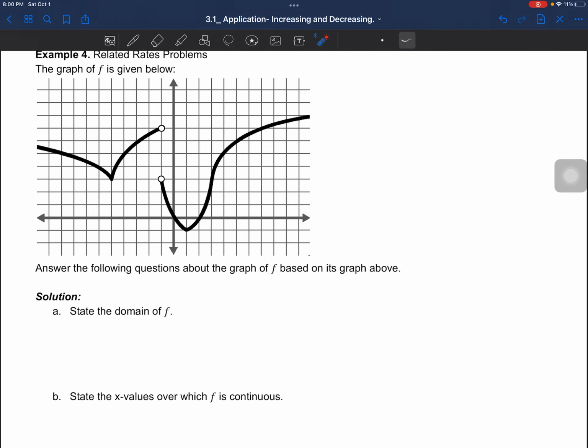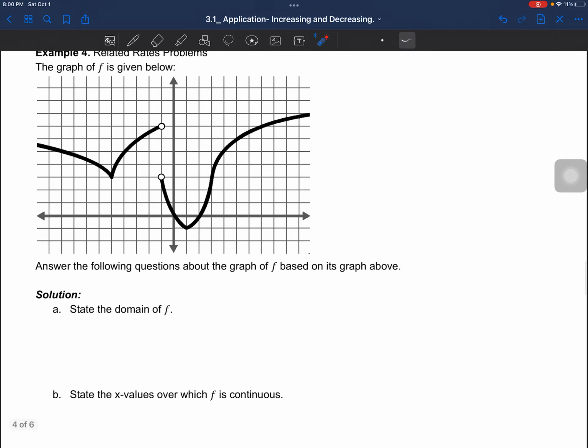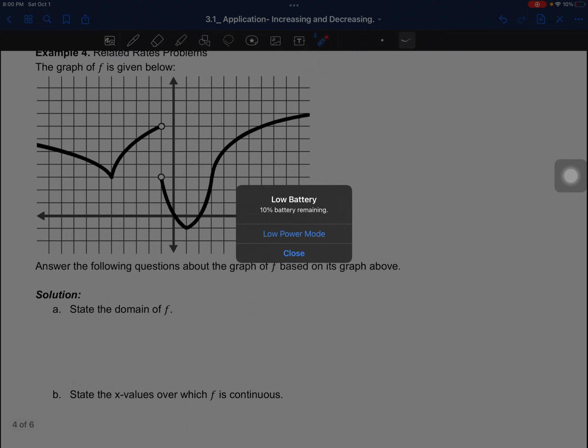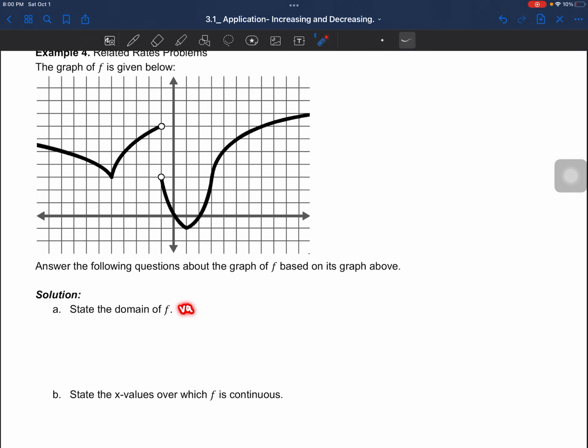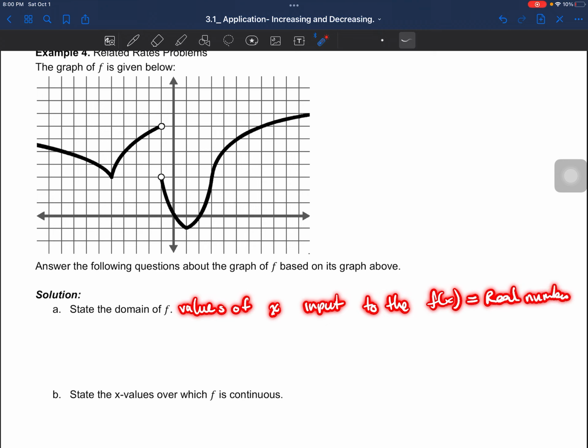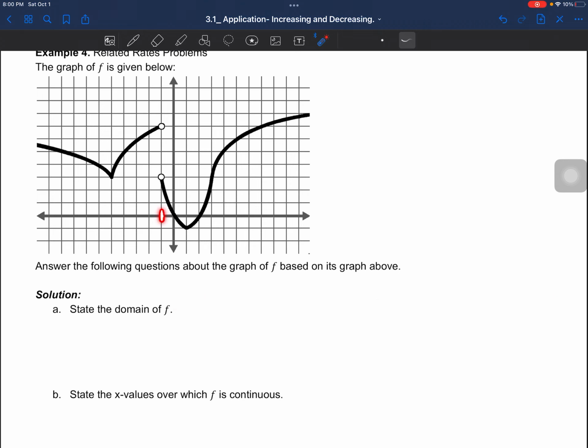Remember, to determine the domain of a function: the domain is defined to be the values of x, the input to the function, for which you get an output of a real number.